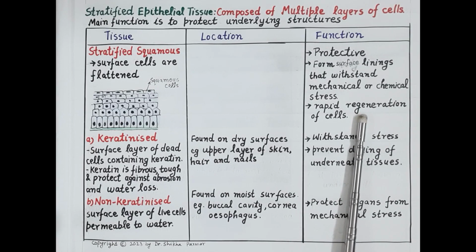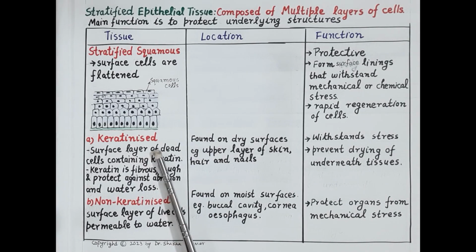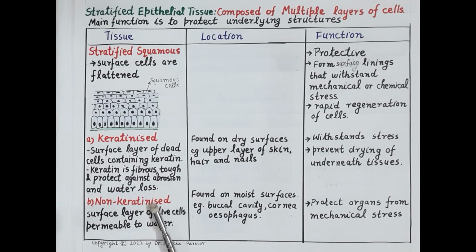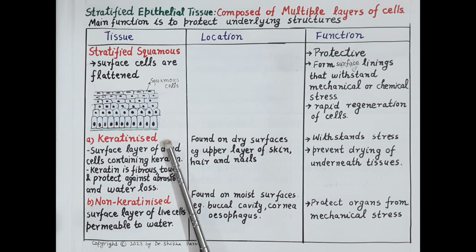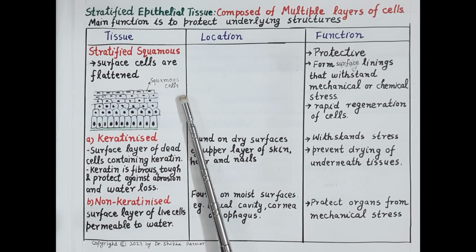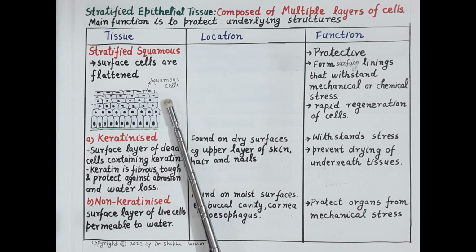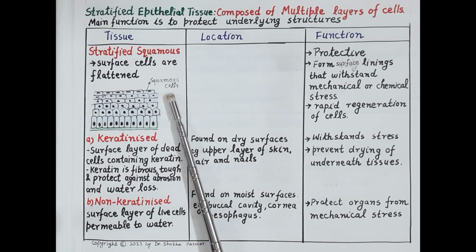Now, stratified squamous epithelium can be keratinized or non-keratinized. In keratinized stratified squamous epithelial tissue, the cells of the upper surface layer are dead. They have no nucleus, no cytoplasm.